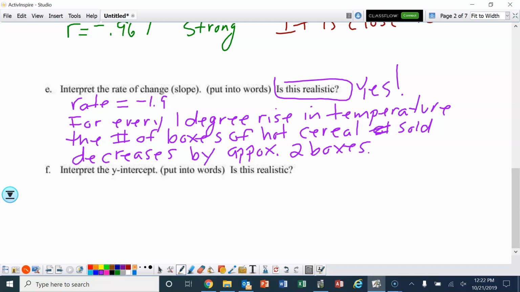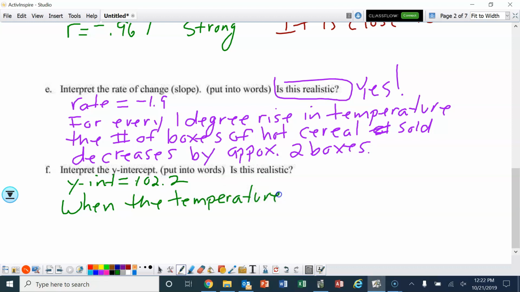All right, the Y-intercept. So remember the Y-intercept in this problem is the 102.2. Okay, so what does it mean? When the temperature outside is 0 degrees. Okay, again, the x value is 0. What does that mean? Because x is representing the temperature. If x is 0, that means 0 degrees.